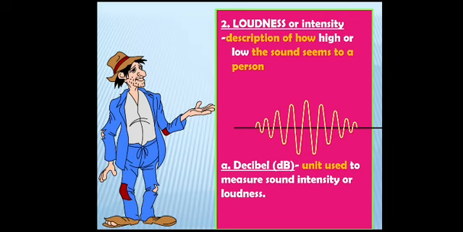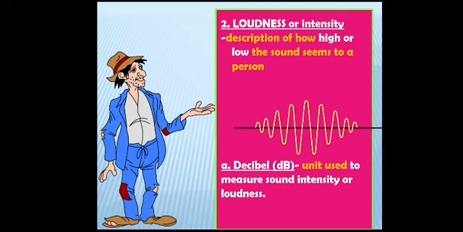Before this we saw another property called frequency. Frequency and loudness are different. Whenever I talk about pitch, I will be considering frequency. Pitch is a different property of sound, and loudness is a different property of sound.